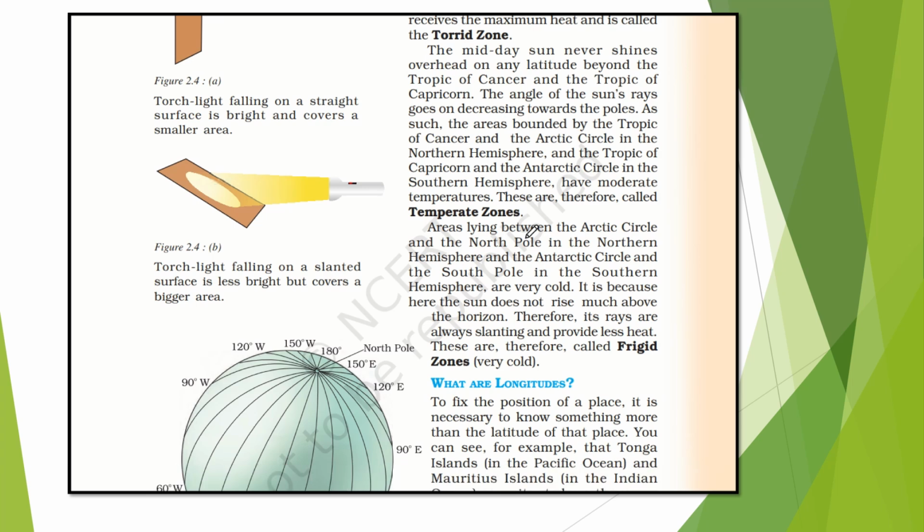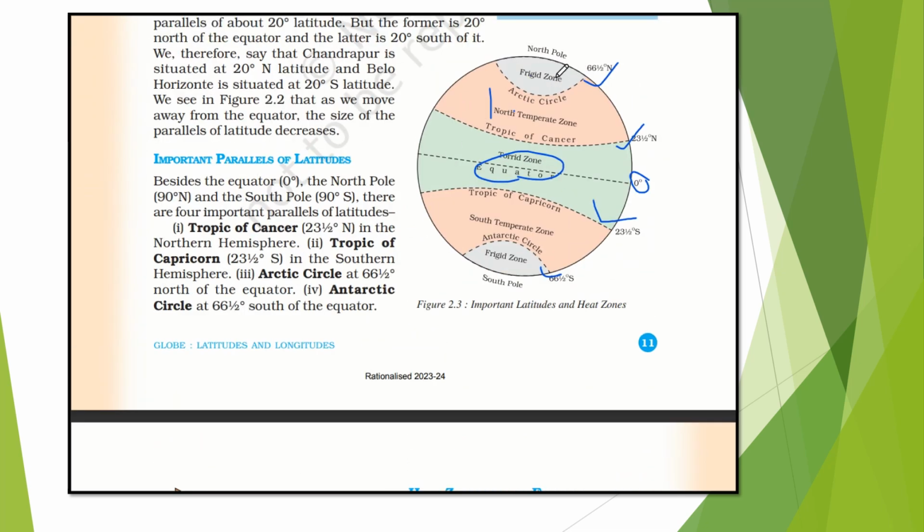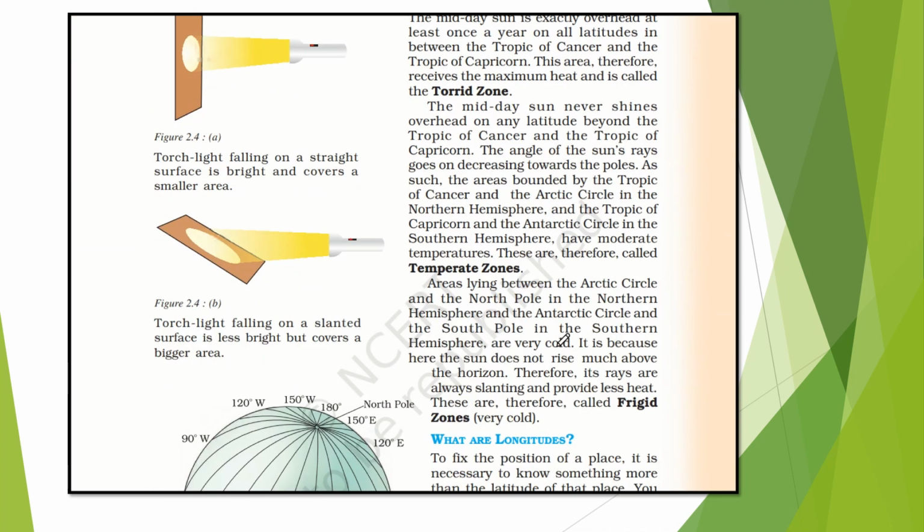Now next we will understand the areas between the Arctic Circle and the North Pole, shown in a different color. Frigid zone. Just guess how much the temperature is there. Areas lying between the Arctic Circle and the North Pole in the northern hemisphere, and the Antarctic Circle and the South Pole in the southern hemisphere, are very cold.